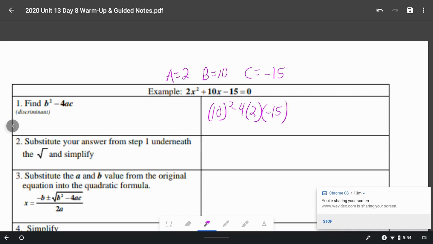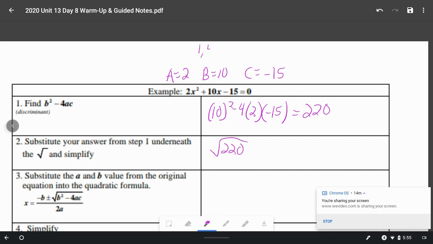So give me a second while I punch that into my calculator, just like it's shown, even with the parentheses where they're at. So I have 10 squared minus 4, parentheses 2, parentheses negative 15. That means multiply when they're next to each other like that. And I get 220. So now it says to take that discriminant and put a square root over it and try to simplify it. So 220.